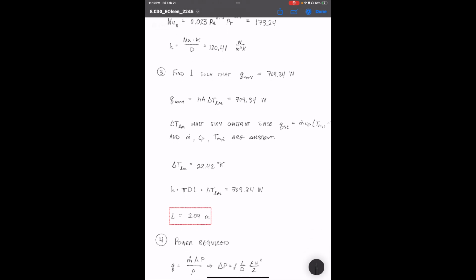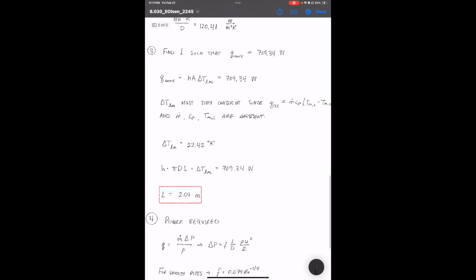And now we need to find the length of tube to give us the same heat transfer rate due to convection. And that's going to be equal to our convection coefficient times our area times our delta T log mean. And that has to be equal to the same exact heat transfer rate we calculated before.